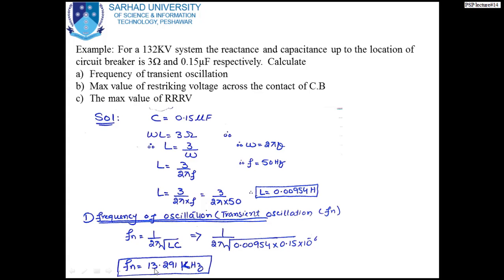If you want the answer in radians, you can use omega n, which is 1 over root LC, because if you shift 2 pi to the other side, 2 pi f becomes omega n. So by putting in these values, Fn, the frequency of oscillation, will be 13.291 kilohertz.